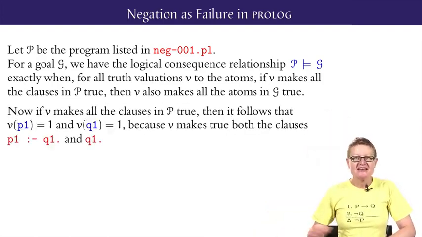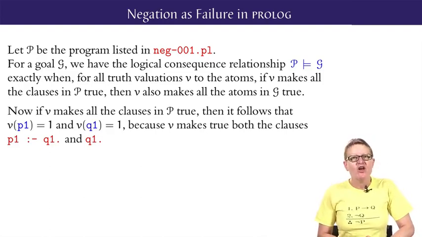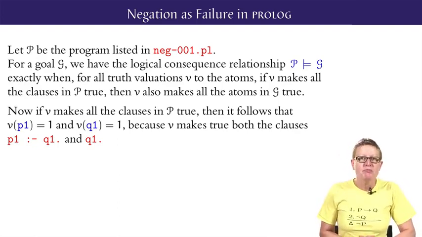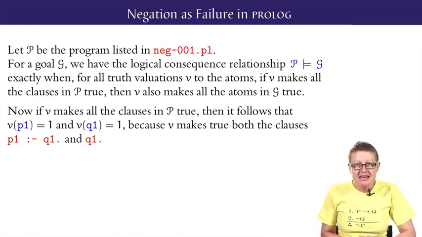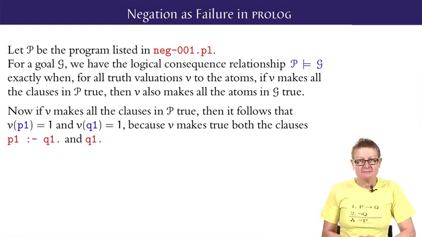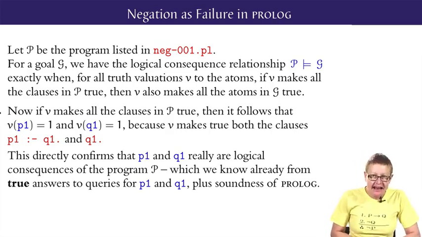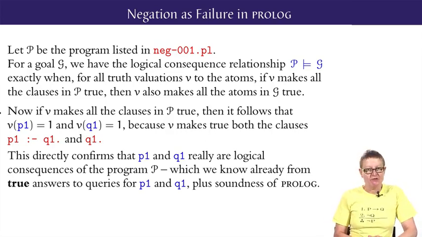Now suppose V is any truth valuation that makes all of the clauses in P true. It then follows that under this valuation, or in this row of the truth table, both P1 and Q1 must be true, or must be value 1. This is because the P clauses, P1 if Q1 and the fact Q1, are both true in this valuation. So, at the level of semantics, we can see directly that P1 and Q1 really are logical consequences of the program.